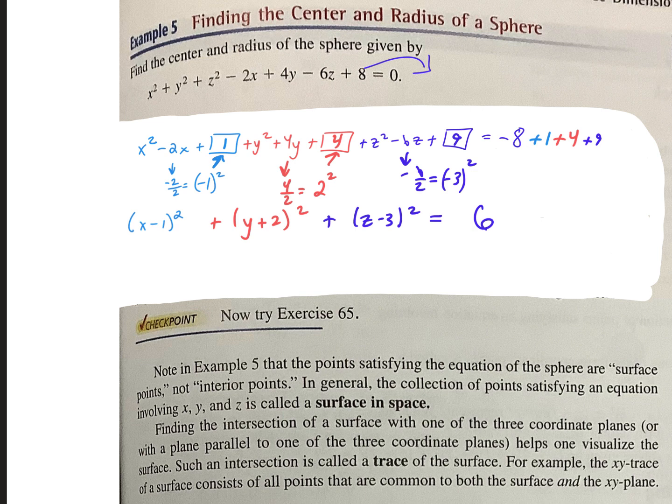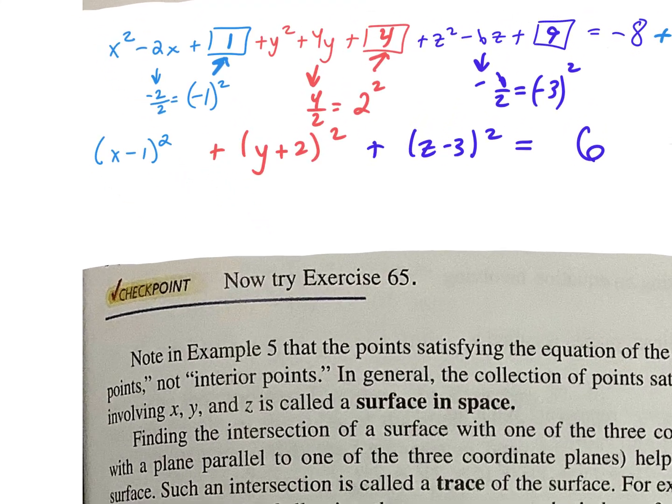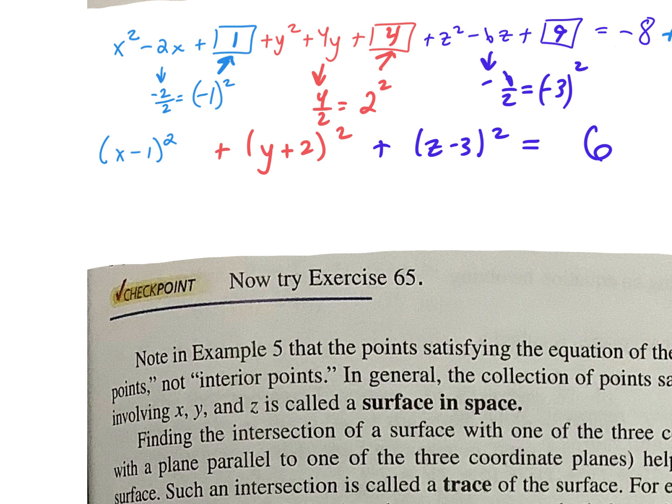So, did we answer the question yet? No, it says find the center and the radius. Can you now identify the center from this equation that we have? Yes, what is the center? Positive 1, negative 2, positive 3, and what's the radius?